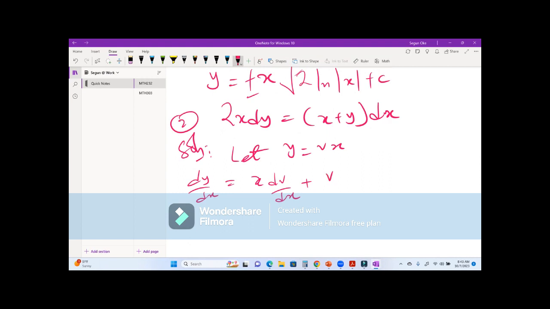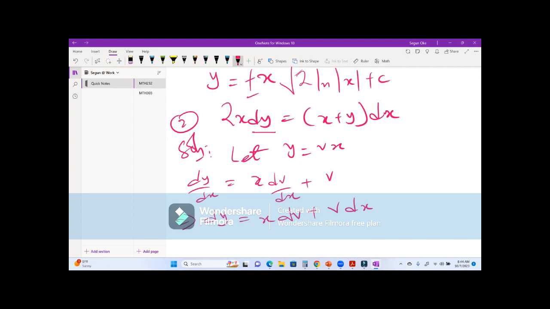Now, if you look at this, you only have dy. I can now go ahead and make dy out of this. That means I will multiply both sides by dx. Multiply both sides by dx, what do I have? dy equals x dv plus v dx.